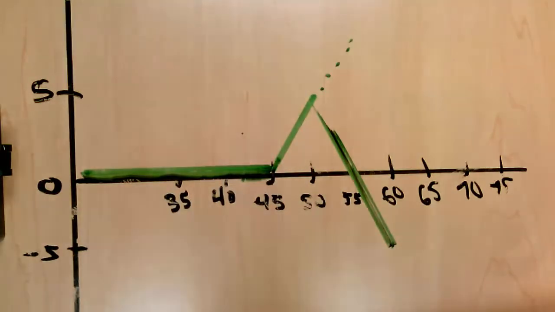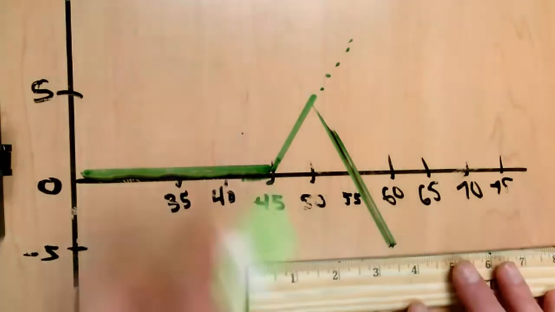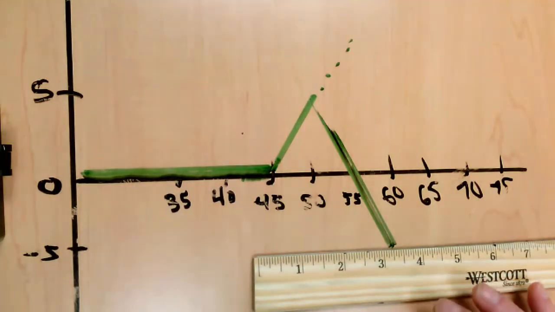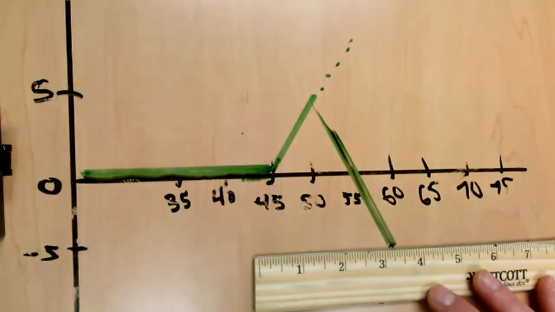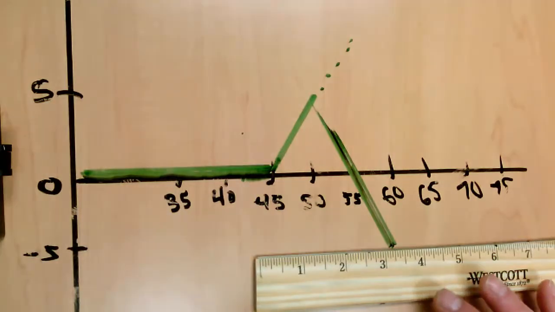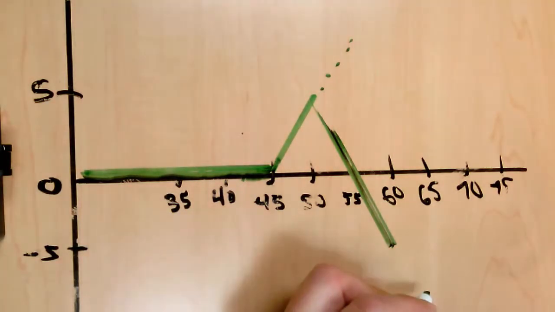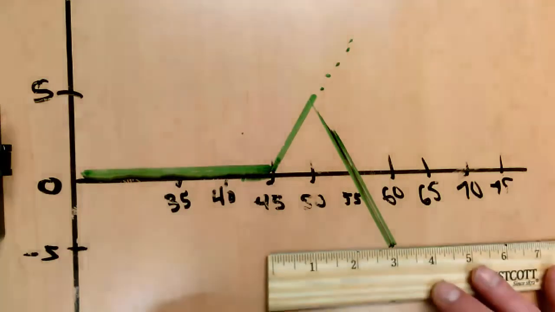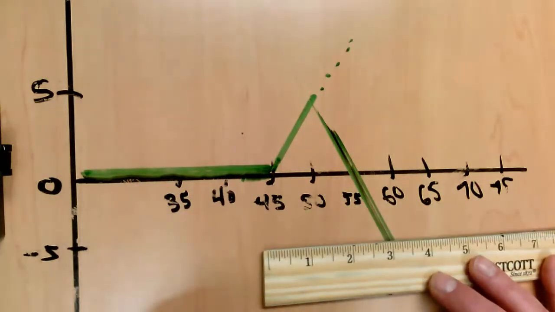And then above 60, it would have continued down with a slope of negative 1, if not for that third call option with strike price of 60, which brings the slope from negative 1 to 0. That is, we would have continued to lose $1 for every increase of $1 in the stock price, but now we're gaining $1 from that third call option with a strike of 60 to cancel it out effectively.